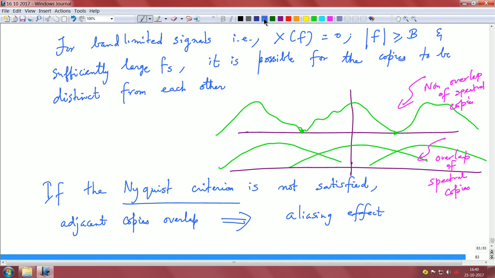So, even if the bandwidth is really not limited, you would want to limit the band by putting an anti-aliasing filter or typically a low pass filter before you sample. This is very important.